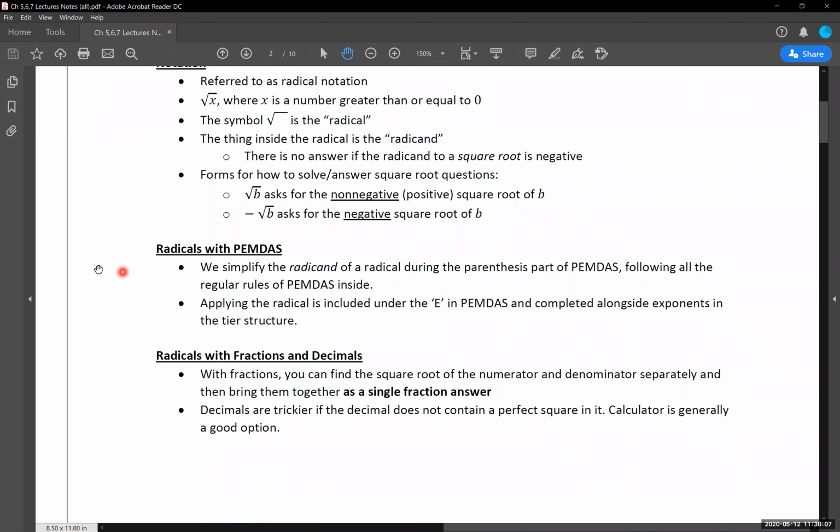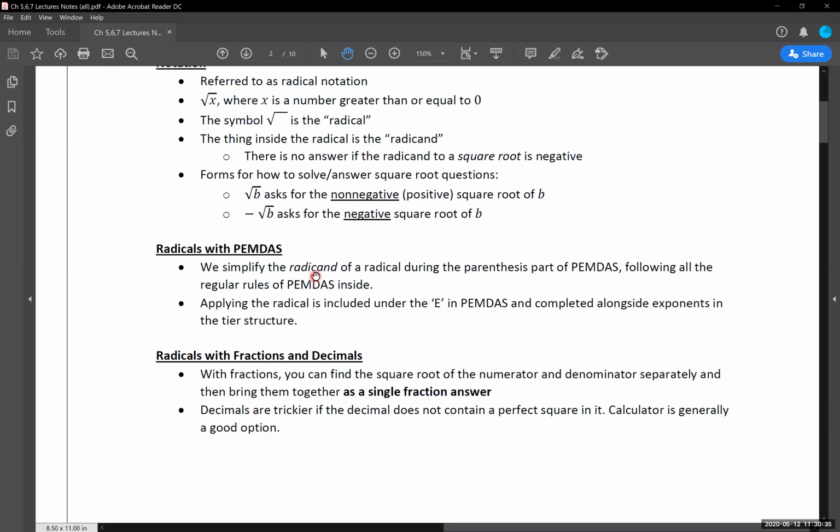So we kind of touched base on this, but again, referencing radicals with PEMDAS. We simplify the radicand of a radical during the parentheses part of PEMDAS, following all the regular rules of PEMDAS inside. And this shows up again in a few instances. We'll see an example or two of this. But a lot of people jump to wanting to automatically just apply the radical right off the bat, and we don't want to do that.